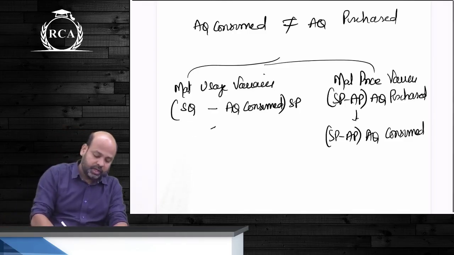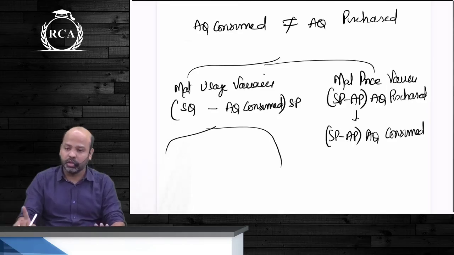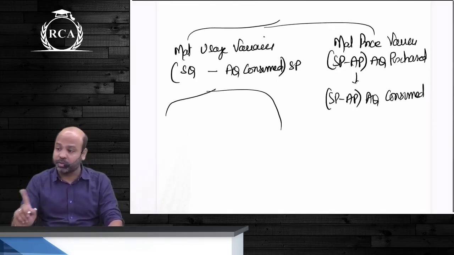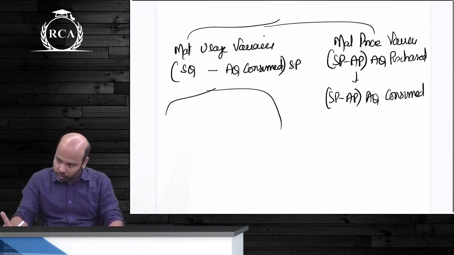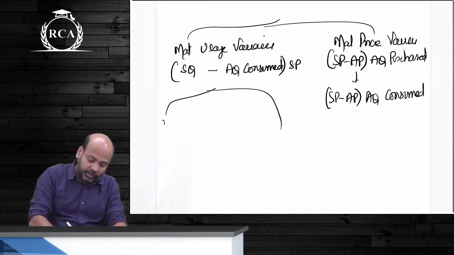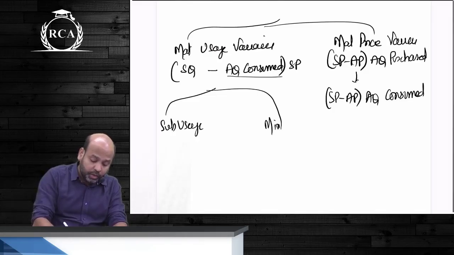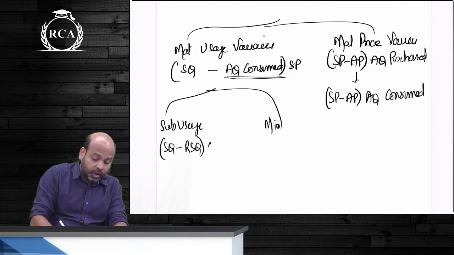Any bifurcation under usage variance, guys, should be based on AQ consumed. So RSQ is never based on AQ purchased. RSQ is total actual quantity in standard mix. Yes or no? Aren't sub-usage variance and mix variance bifurcations under usage variance? So when you compute that RSQ, it should always be based on AQ consumed.